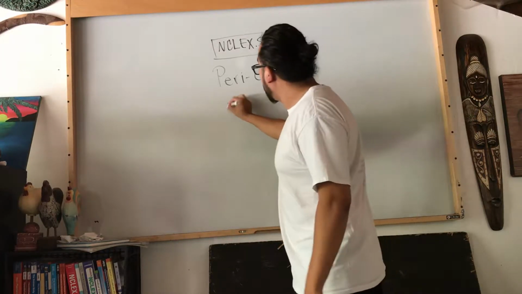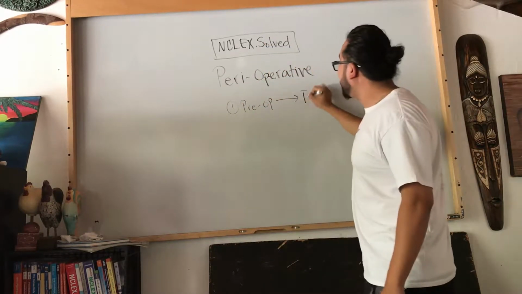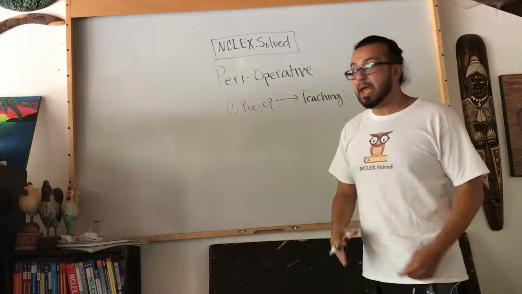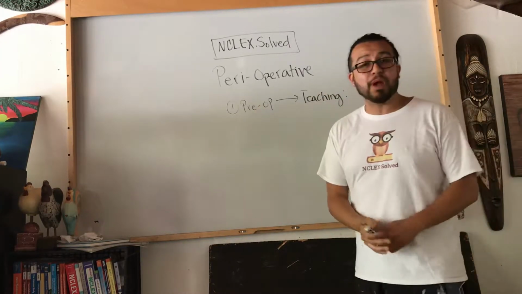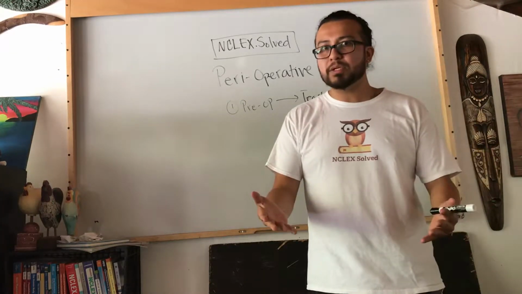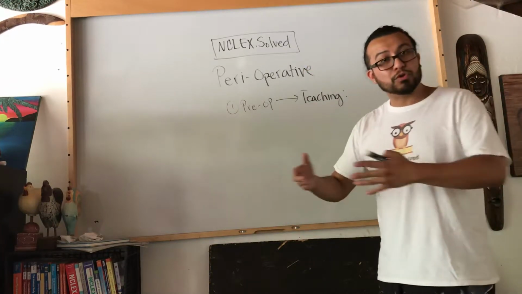And let's focus on the pre-op. Pre-op is essentially teachings. You have to understand basic concepts that come along with the pre-op patient. For instance, if the patient is going to have surgery, what medication should you be aware of that should have been discontinued before the surgical procedure?